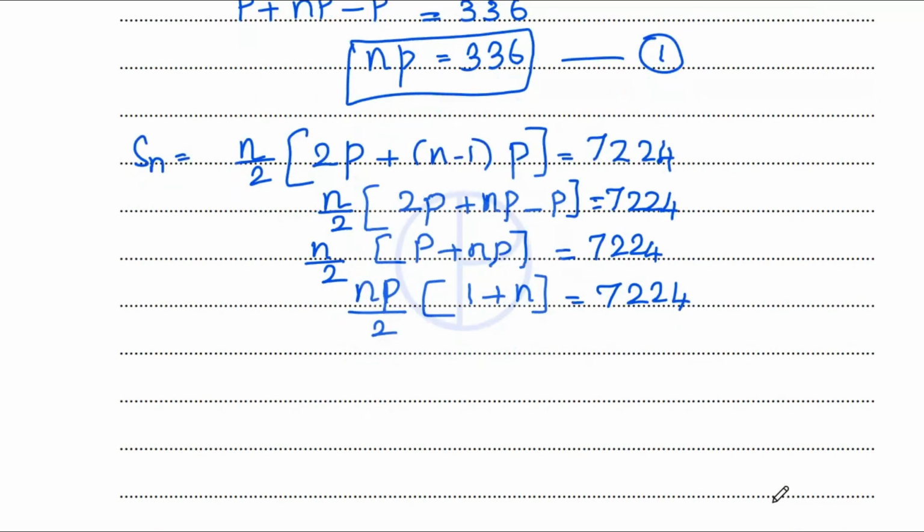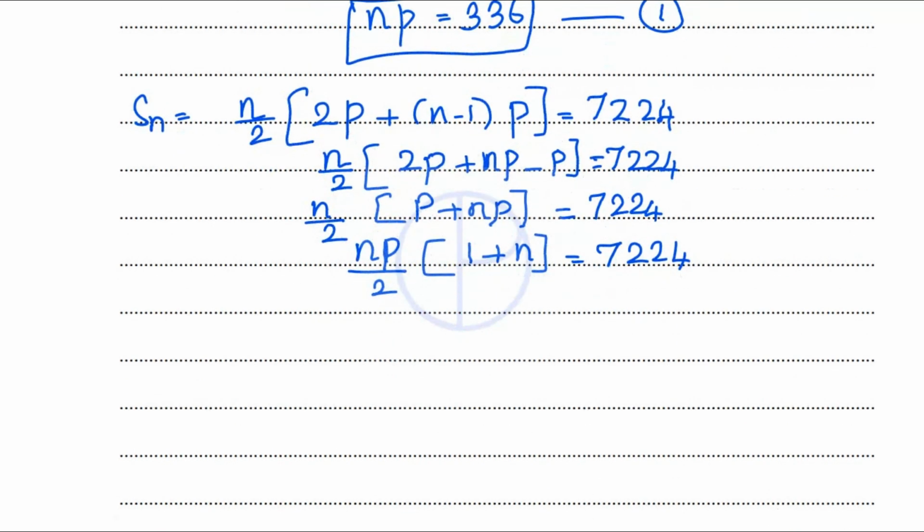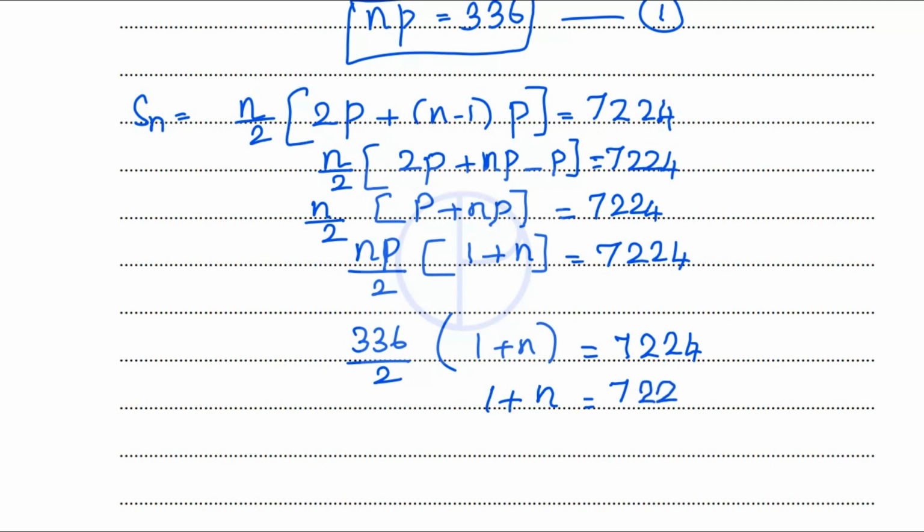So we get 336 divided by 2 multiplied by 1 plus n equal to 7,224. Or we can write this as 1 plus n is equal to 7,224.